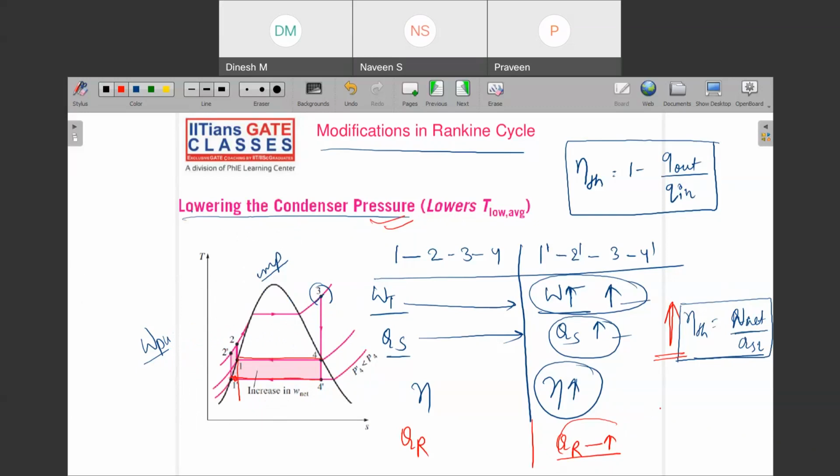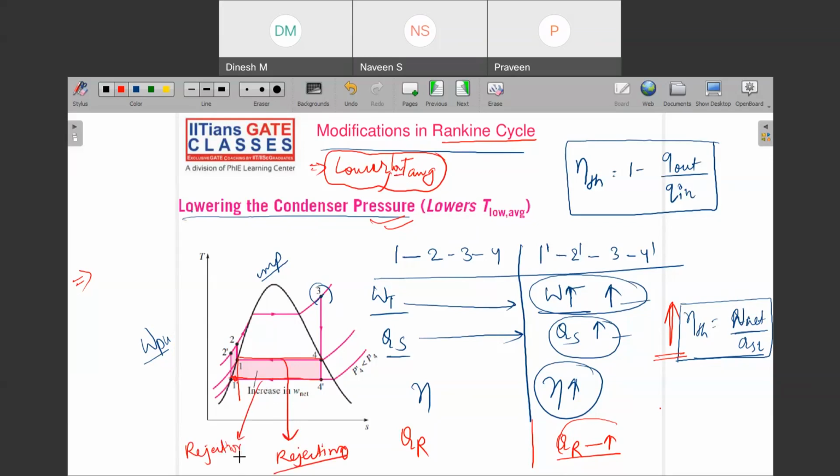So see, the cycle's efficiency is changed by two things. If you lower T average, what is low T average? It is the temperature at which you are rejecting heat. Here you are rejecting heat, and here you are also rejecting heat.